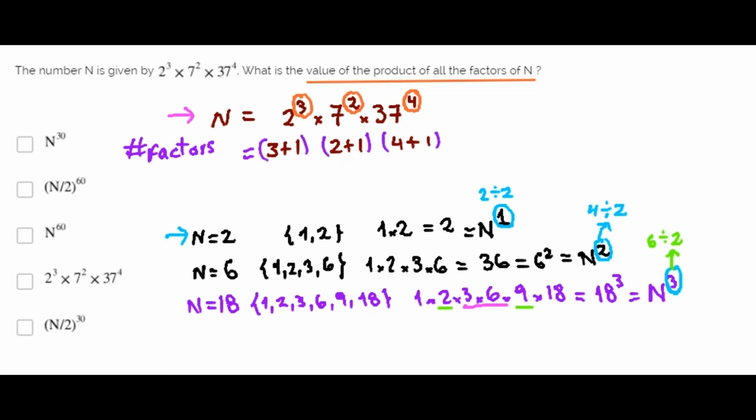Next, we will multiply all the numbers. You have 4 times 3 times 5, and that is 60.